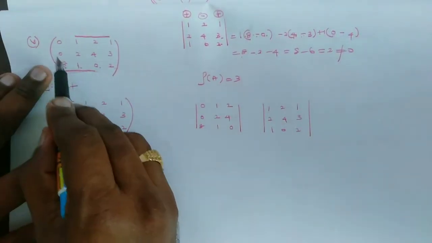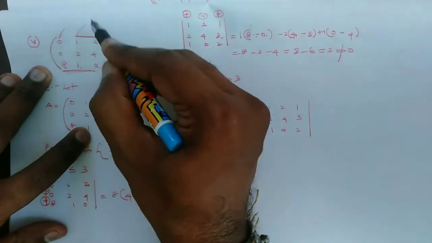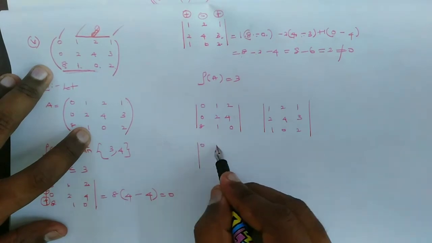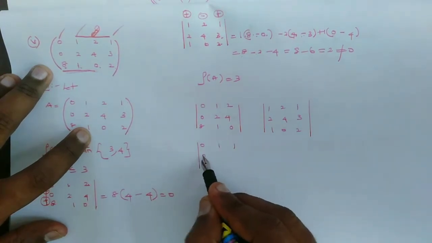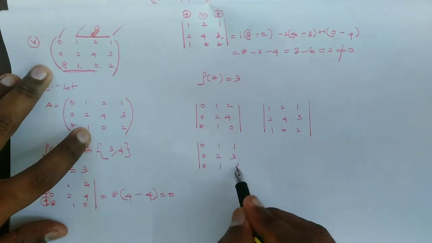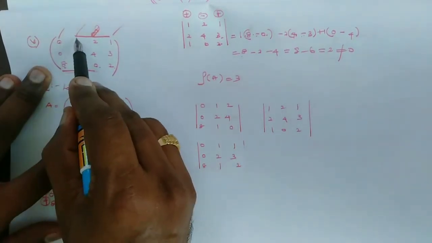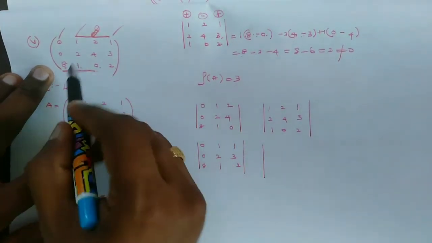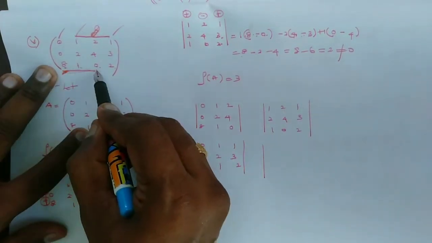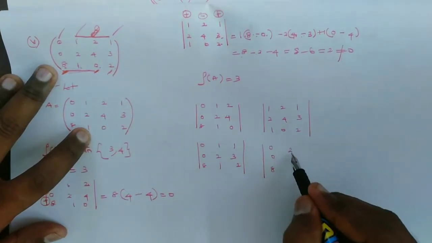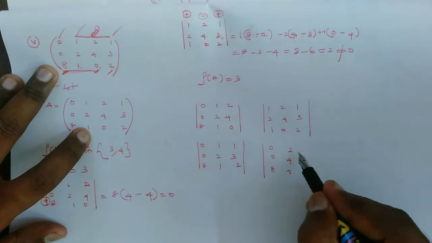Another 3 cross 3: 0 1 1, 0 2 3, 8 1 2. Is that another 3 cross 3? Yes, that is another 3 cross 3: 0 0 8, 2 4 0, 1 3 2.